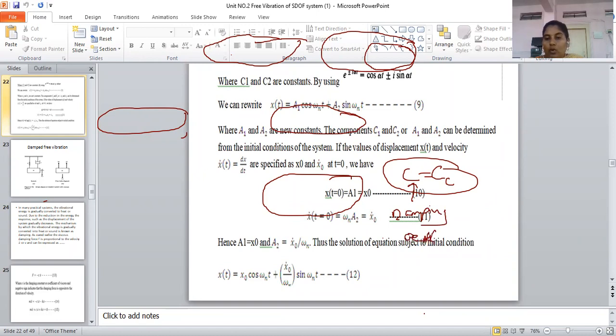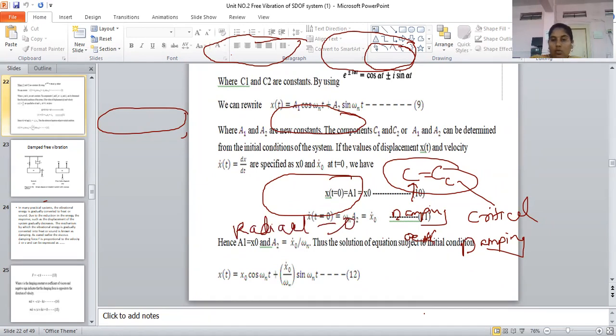But Cc is the critical damping. So the damping coefficient will become the critical damping coefficient at the time when the radical part is equal to 0. So what is the radical part? It is (C by twice m) whole squared minus K by m is equal to 0.